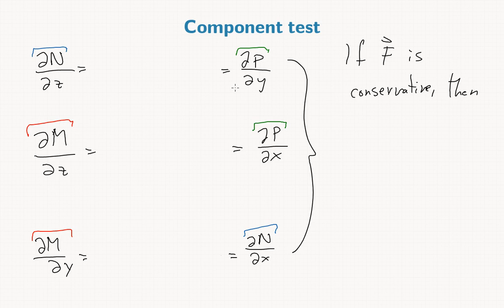We can just calculate some derivatives, and this will give a first check to see if something's conservative.